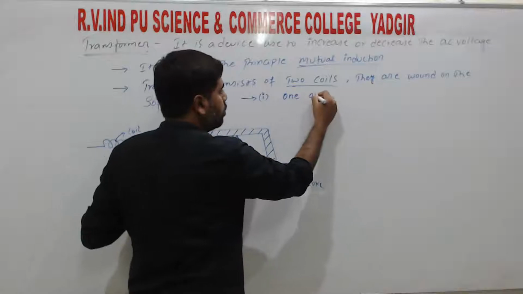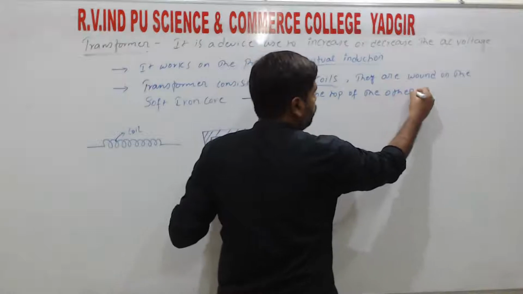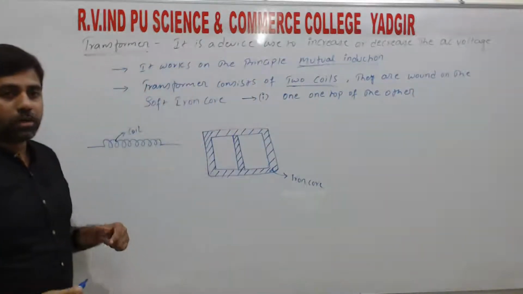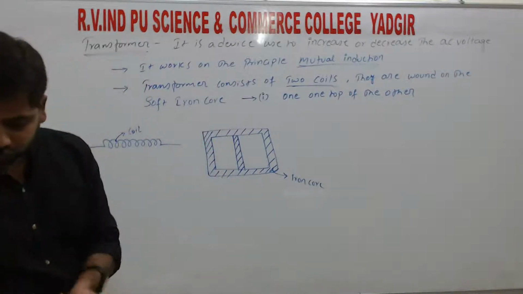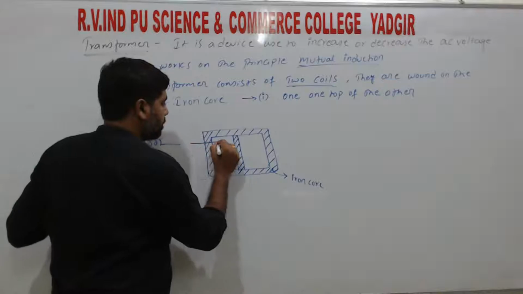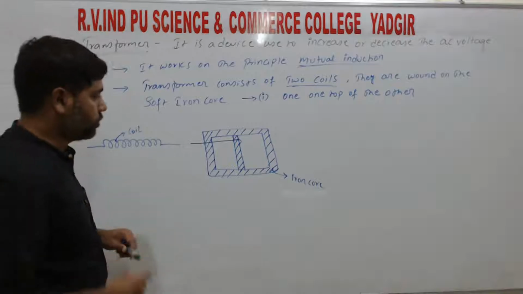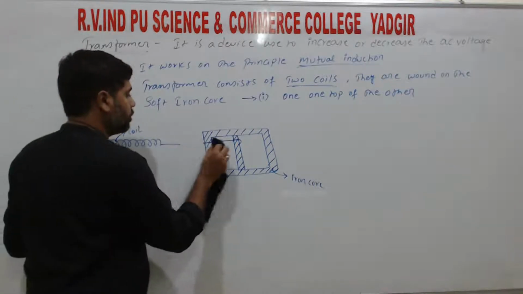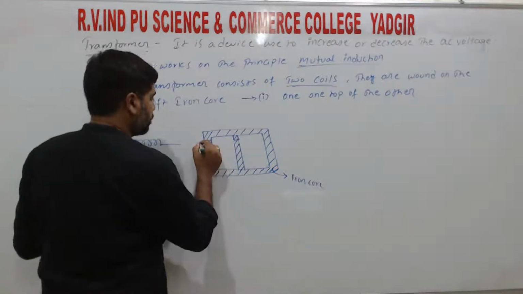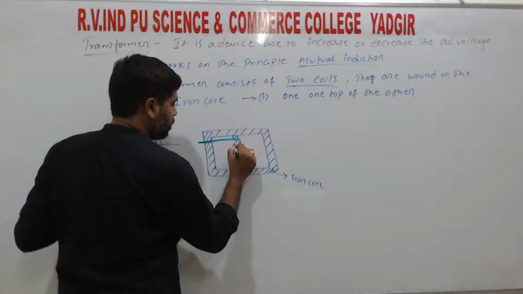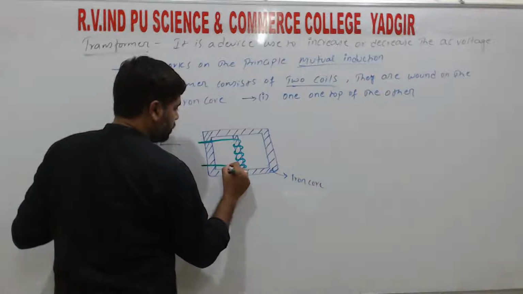one on top of the other. So one coil is wound over another coil. So of the two coils, first if we take this one, right?